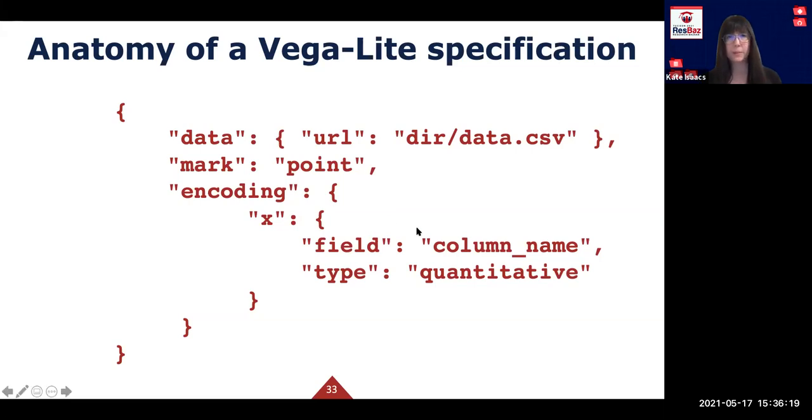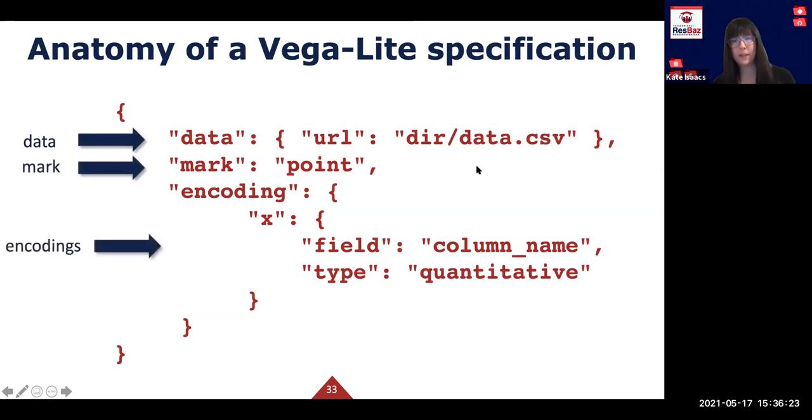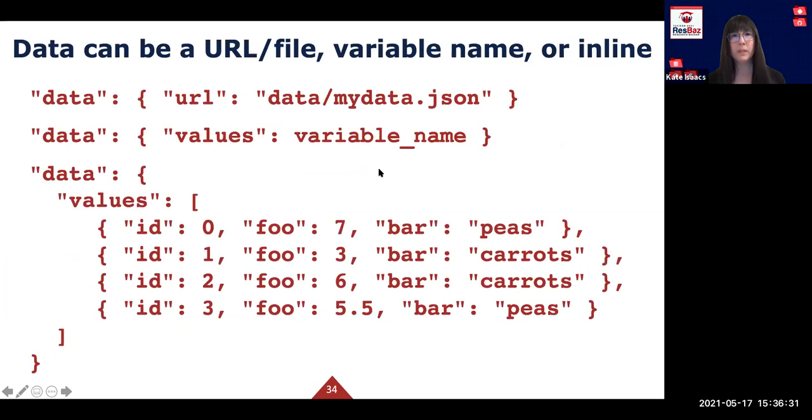All right, let's go a little bit further into this. Yeah, so here the data, the mark, and the encodings. And here we've only encoded X, but we'll probably need to encode at least Y or something else. There are several ways to input data. So you can give a URL if you have a running web page to wherever the data lives.